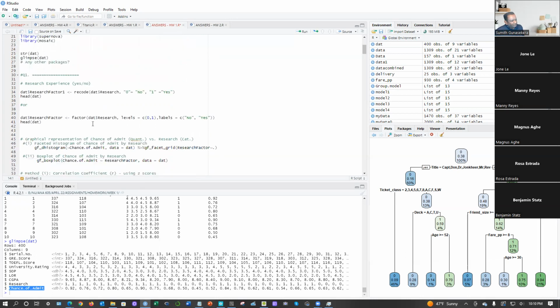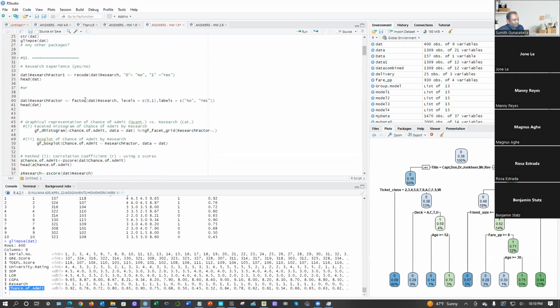Research is a qualitative, group variable, yes or no. You can recode it as 0 and 1. Go to data, go to research, and then change whatever you want to change.